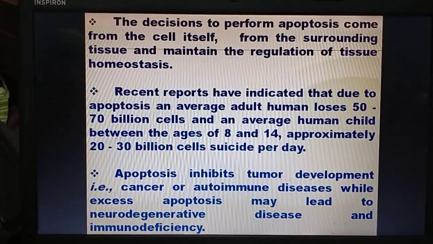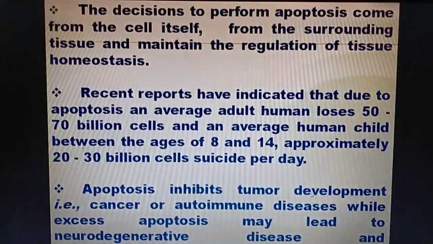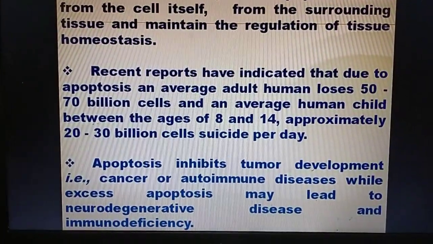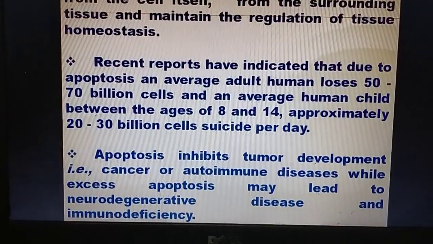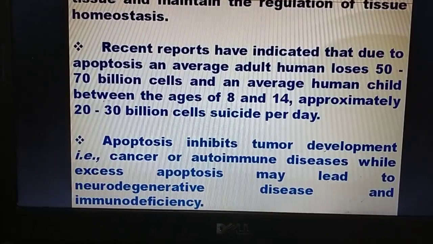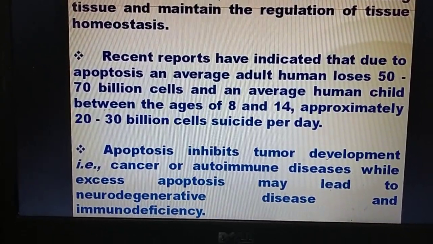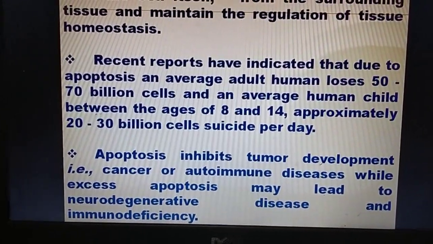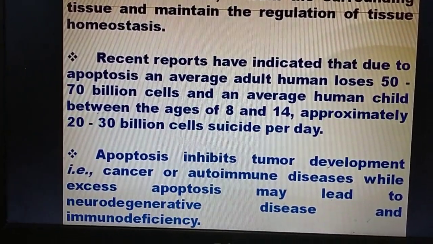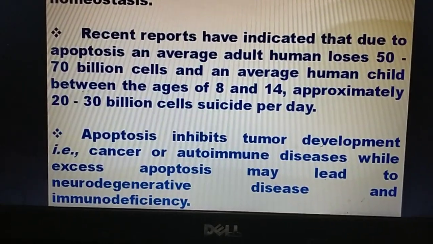The decision to perform apoptosis comes from the cell itself and from the surrounding cells and tissues, maintaining the regulation of tissue homeostasis. Recent reports have indicated that due to apoptosis, an average adult human loses 50 to 70 billion cells per day, and an average child between the ages of 8 and 14 years loses approximately 20 to 30 billion cells per day.